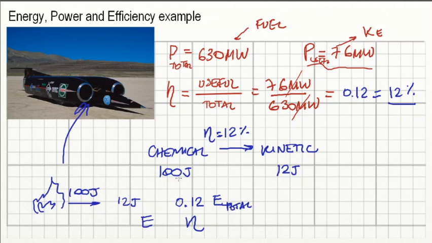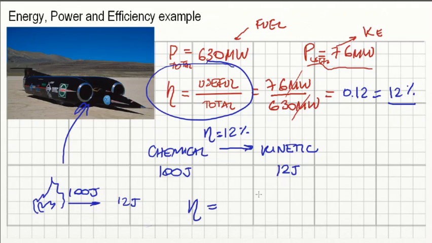So we're just changing the equation, right? We'll see that in more detail later, so you don't have to worry too much, but it's the same equation here, but you're using energy instead. So energy which is useful over energy which is the total provided. If you rearrange that equation, you can find that the energy which is useful is the product of your efficiency and the total energy.